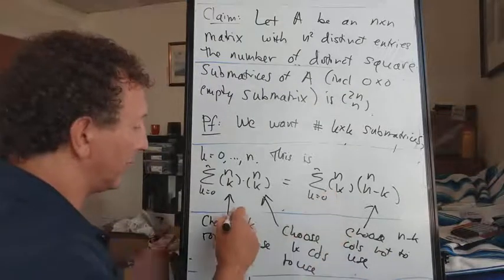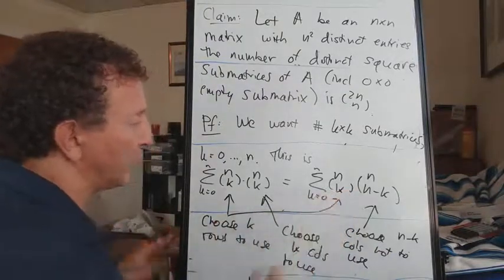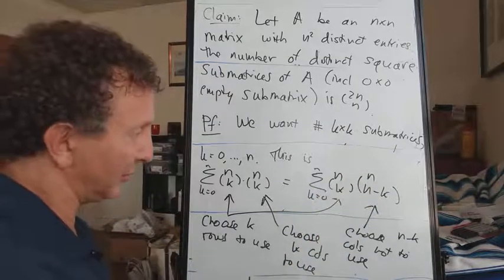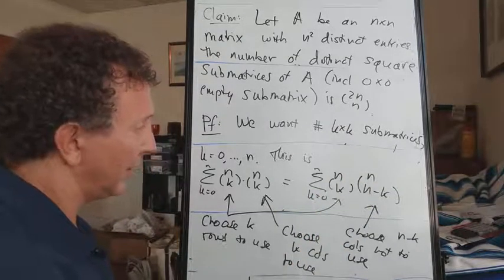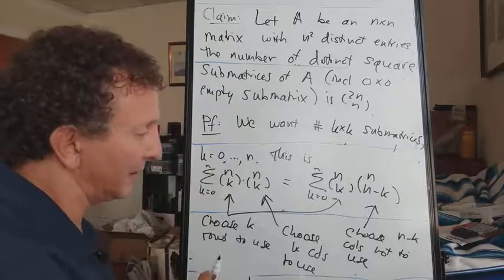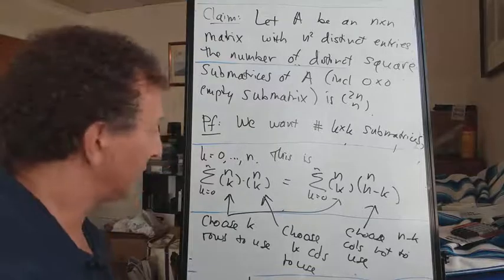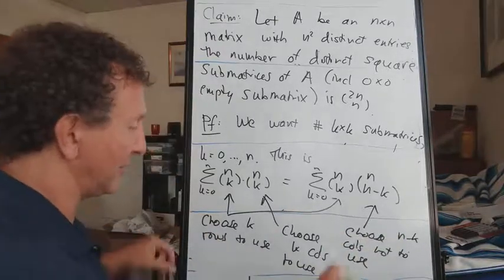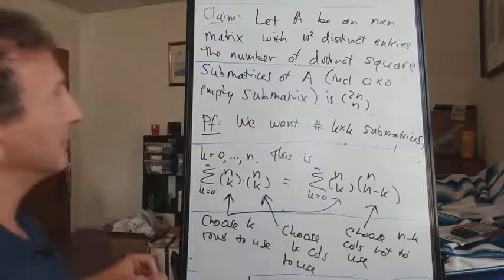So we're choosing k rows and n minus k columns not to use. Thus, from the set of n rows and n columns, 2n things, we're choosing k of the rows and n minus k columns, which is a total of n things.